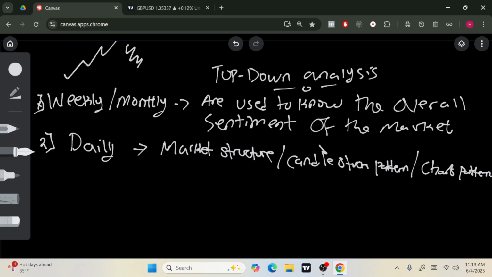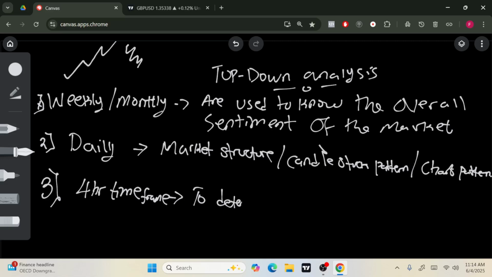Now, number 3. Once you've discovered your market structure, your candlestick pattern, your chart pattern, you come down to the 4-hour time frame to determine your support and resistance level.